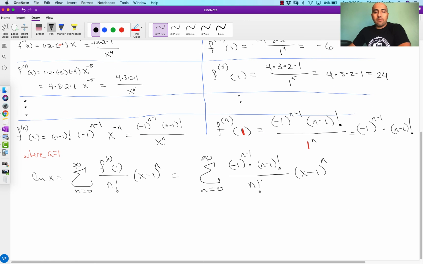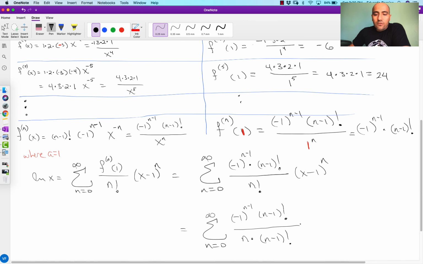Okay, so now we can simplify this a little bit, right? Because if we expand this out, we end up with the sum from n equals 0 to infinity of negative 1 to the power of n minus 1, the alternating part, n minus 1 factorial, and then in the denominator, we can expand that as n times n minus 1 factorial, and then x minus 1 to the power of n.